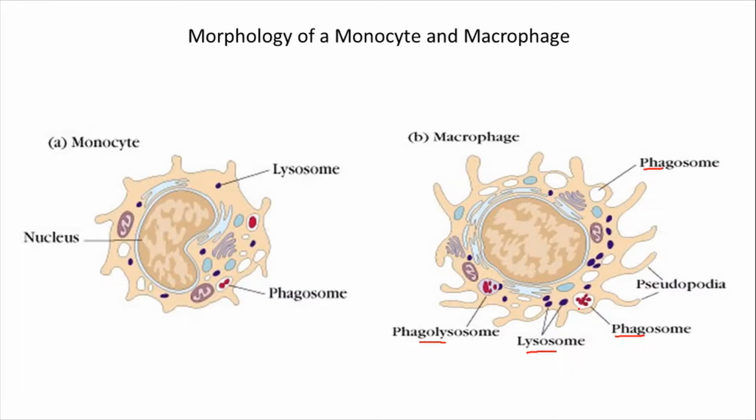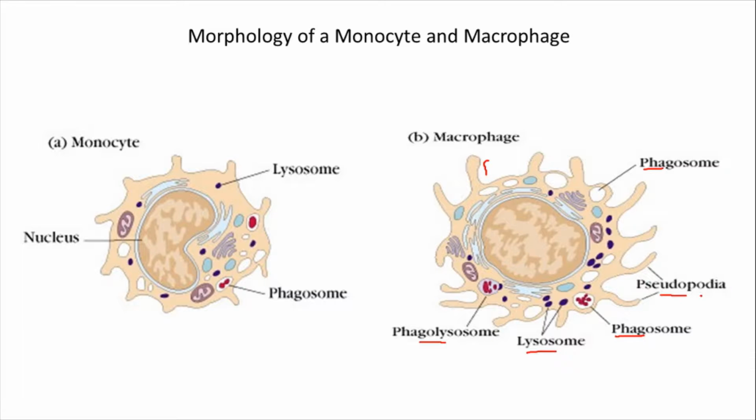They contain a variety of enzymes, a variety of biomolecules. They do some important functions. The last difference between the monocyte and macrophages is the expression of pseudopodia. The pseudopodia is an important differentiation between the monocyte and macrophages.